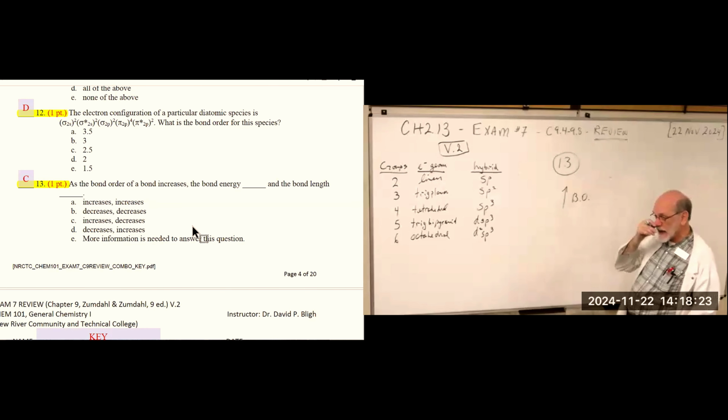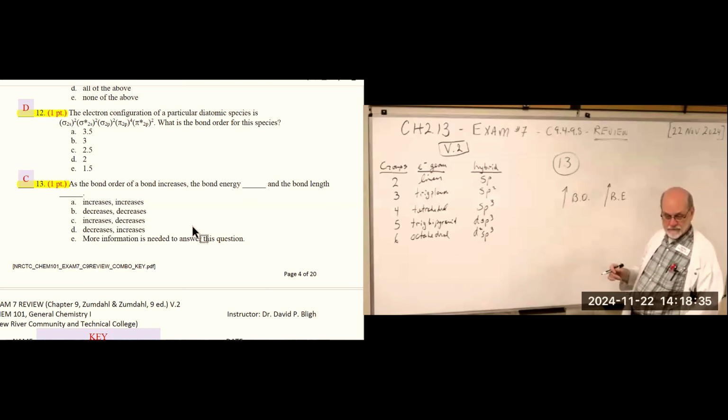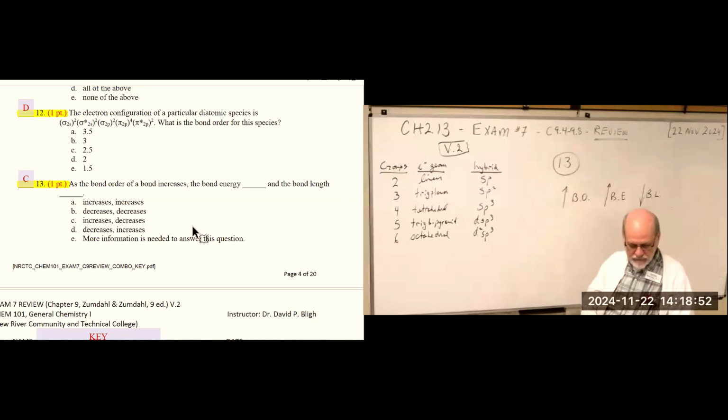So as that increases, what happens to the first is the bond energy. As the bond order goes up, the bond energy goes up. It takes more energy to break that bond. And the bond length: as you increase the bond energy, the bond length shrinks because with the strength of that bond, you're drawing those atoms closer together. So the bond length goes down. So it should be increases, decreases. C.